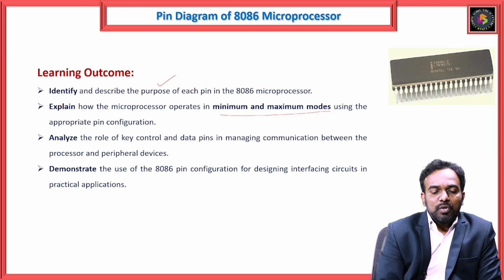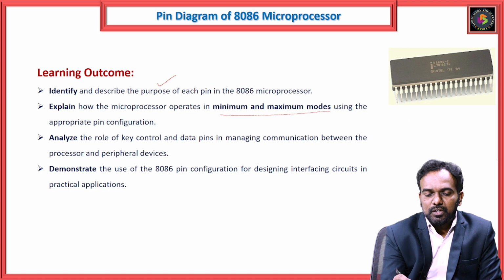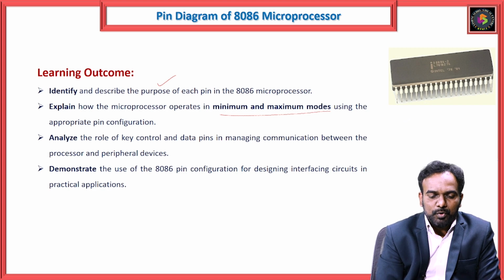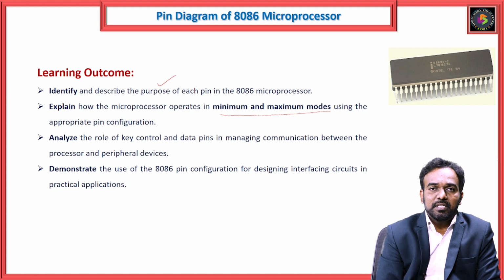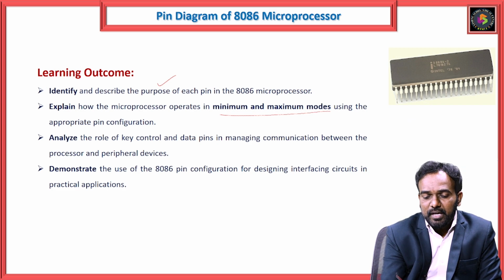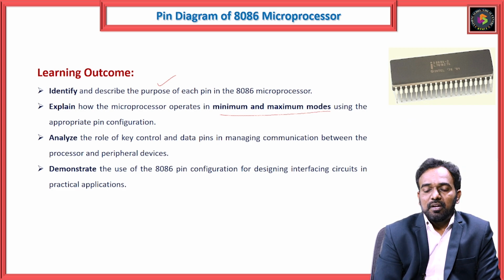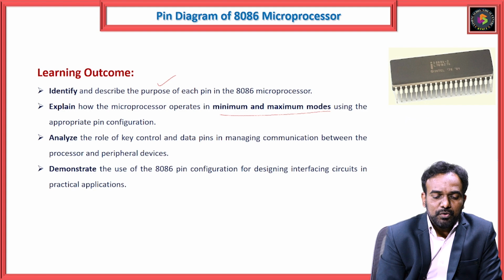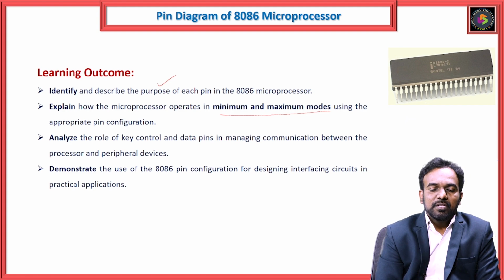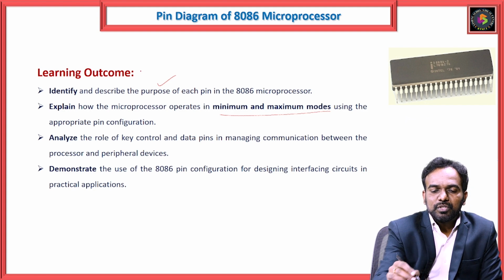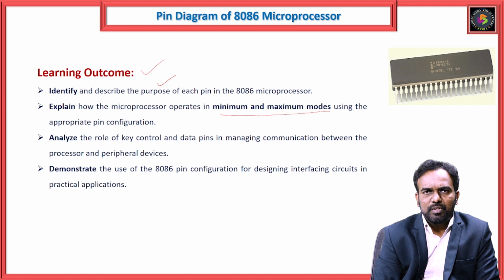Students can analyze the role of key control and data pins in managing communication between the processor and peripheral devices. And students can demonstrate the use of the 8086 pin configuration for designing interfacing circuits in practical applications. These are all the learning outcomes of the pin diagram of the 8086 microprocessor.